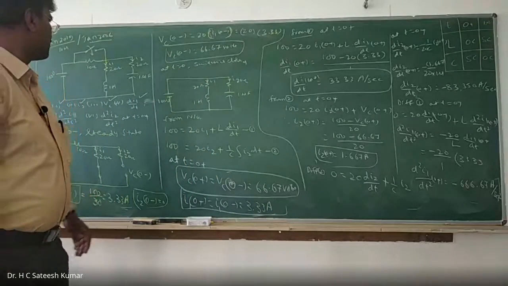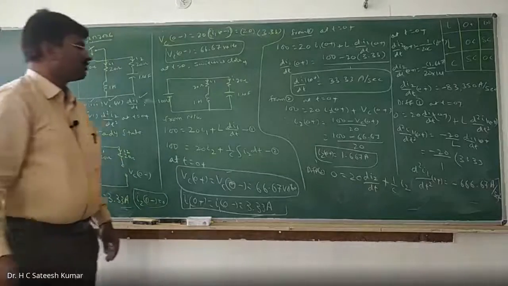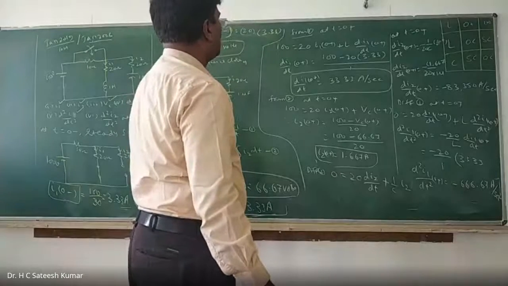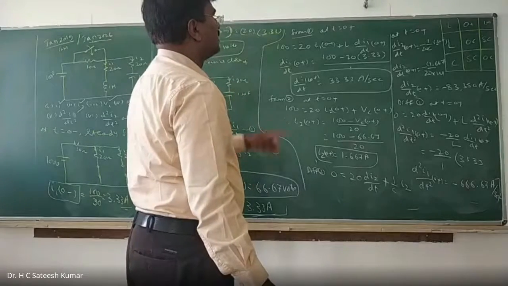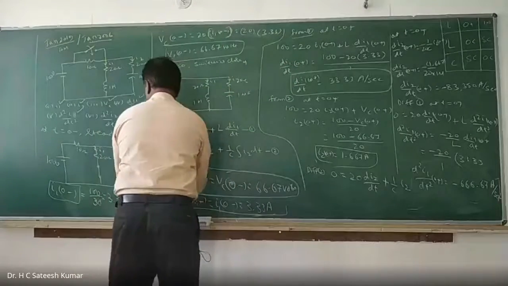So that is d squared I1 by dt square. We got it. Next, we need to find d squared I2 by dt square. We have di2/dt, so d squared I2 by dt square we can calculate.